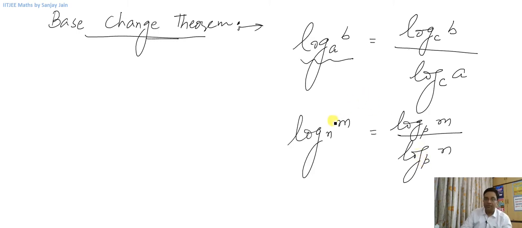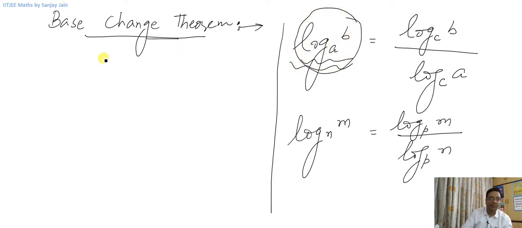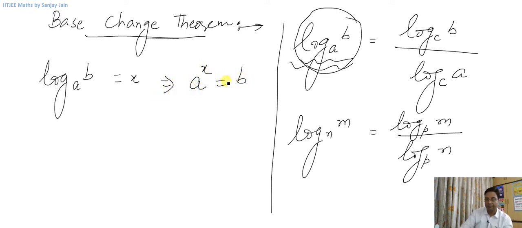Okay, so we will prove this. This is a very simple theorem to prove. For example, if I take this expression here, log b to the base a as x, so using the basic definition, I can say a raised to power x is equal to b, right? This is nothing but the basic definition.